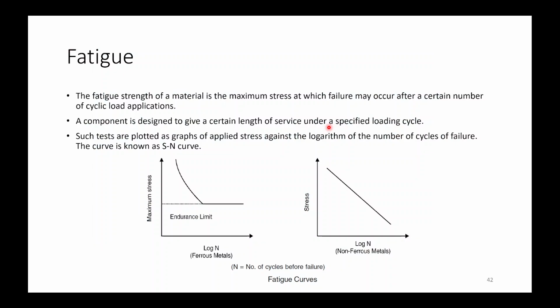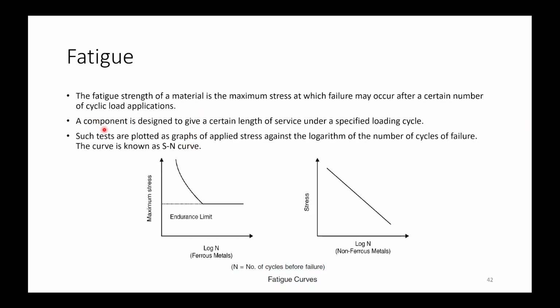Now fatigue. The fatigue strength of the material is the maximum stress at which failure may occur after a certain number of cyclic load applications, and the component is designed to give a certain length of service under a specified loading cycle.